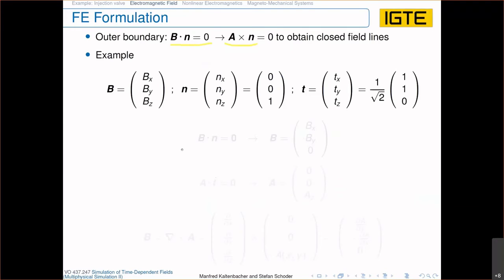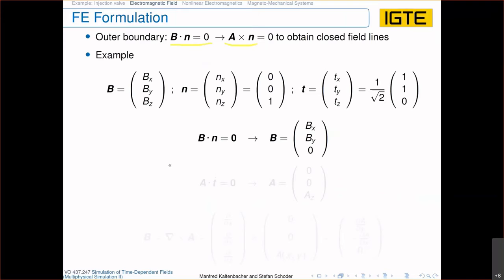Now what we have to force is that B dot n is equal to 0, and that means that since the normal vector has 0, 0, 1, it means that we should have a p vector which has just the x and y component, and the z component is equal to 0.